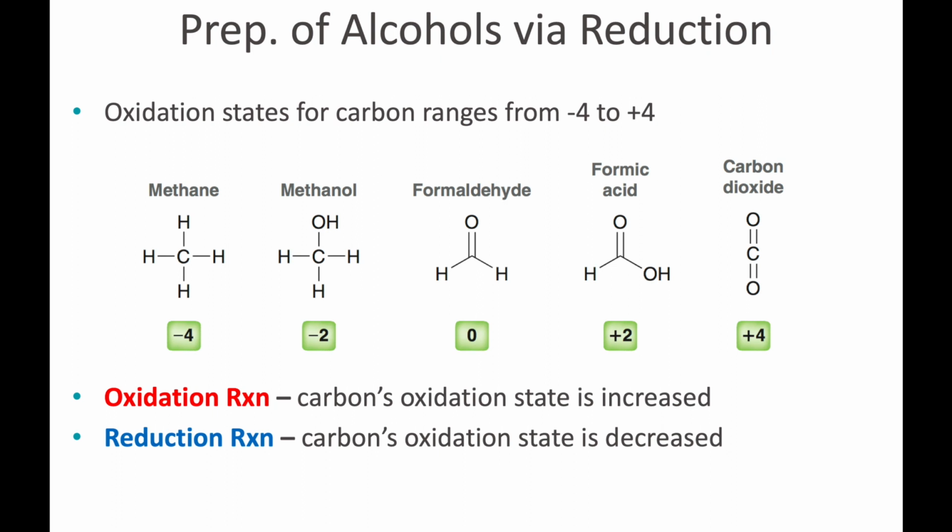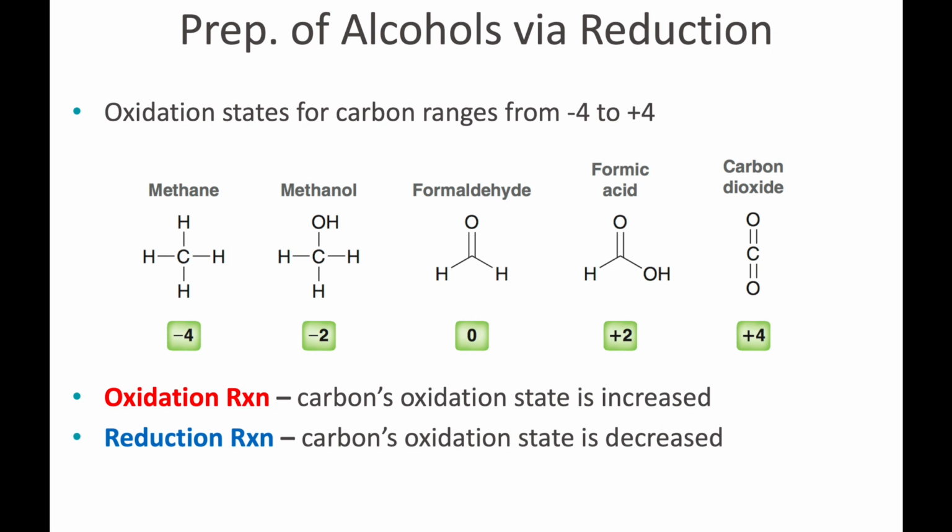So let's notice here, from methane to methanol, you're attached to 1 oxygen. Your oxidation state went from -4 to -2. Now, from methanol to formaldehyde, you don't actually see 2 oxygens, but we see that the carbon is now bonded to the oxygen twice. So essentially, that's the same as being bonded to 2 oxygens. So because of that, its oxidation state is now 0.